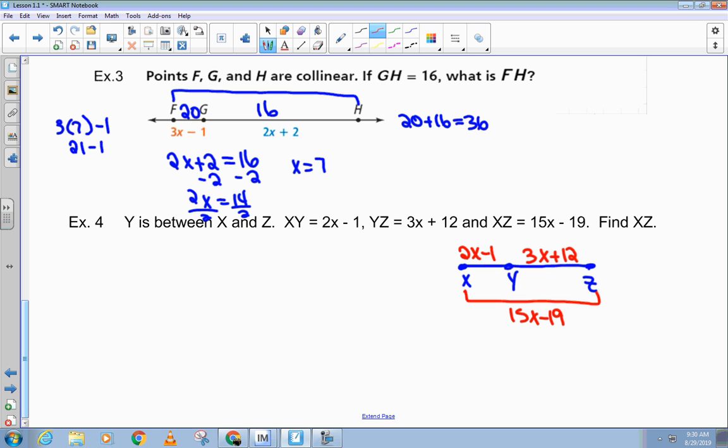Now, I'm trying to find the length of XZ, so I want the whole segment. But before I can find the whole segment, what do I have to find? X. And in order to find x, I have to set up an equation. And in order to have an equation, I need two things that are equal to each other, correct? Okay, so what am I going to do? What can I do to solve for x?